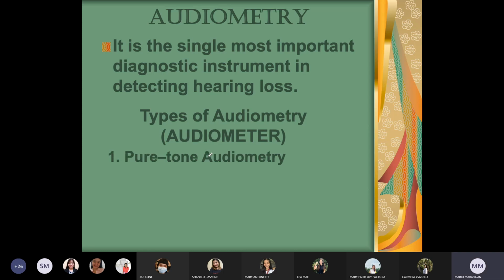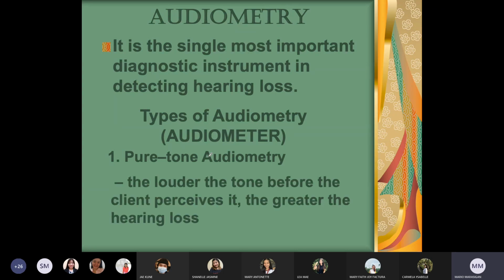So you have types of audiometry. Of course, the tool or the machine, we call that audiometer. Okay? Again, audiometer. So audiometry is the single most important diagnostic instrument, and the types include the pure tone audiometry.